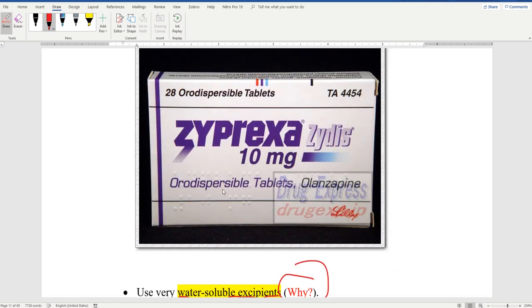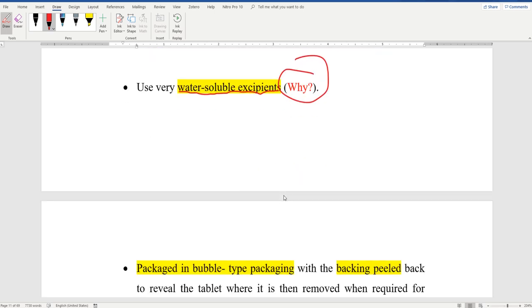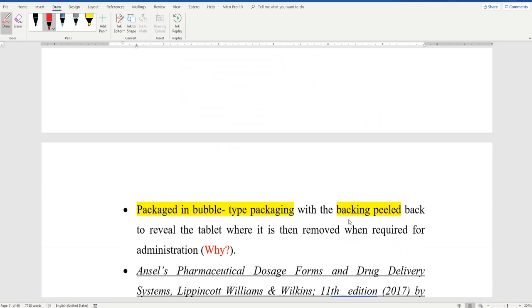Look at this one. This is oral dispersible tablets of olanzapine, which is used in schizophrenia conditions. Okay, so now we know about the package and why we cannot press the tablet. We said because it will break if we press the tablet to remove it from the package. Instead, what do we do?